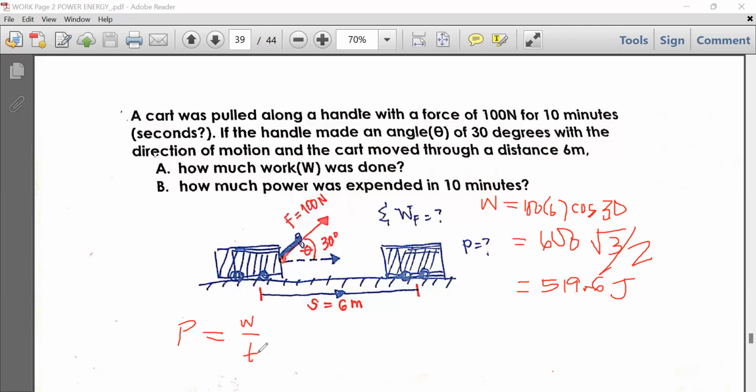Time is 10 minutes, which is 600 seconds, and the work done is 519.6.